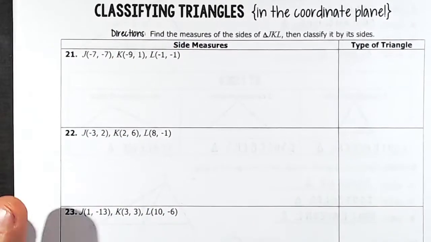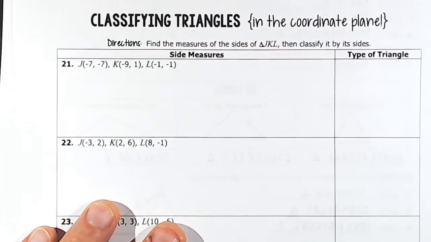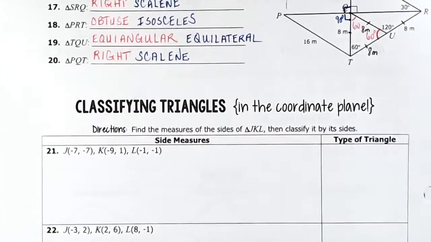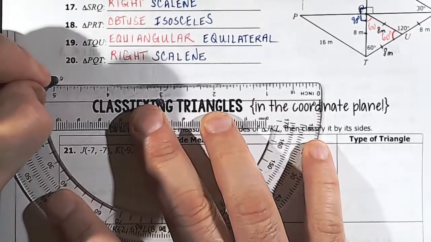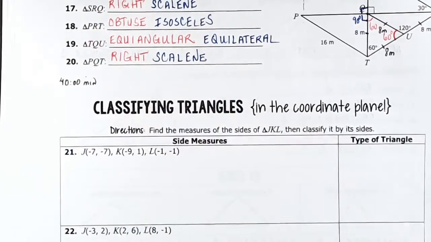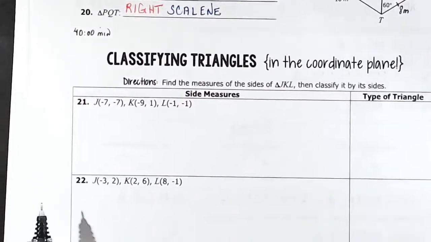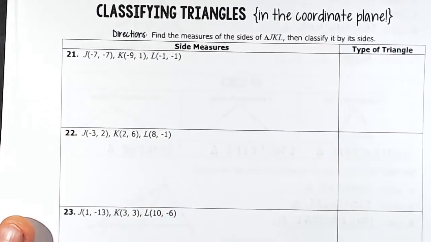That's a different story, and that's what we'll cover starting tomorrow. This whole lesson took us 39 minutes. We will call it 40 minutes. So we'll hit classifying triangles tomorrow.